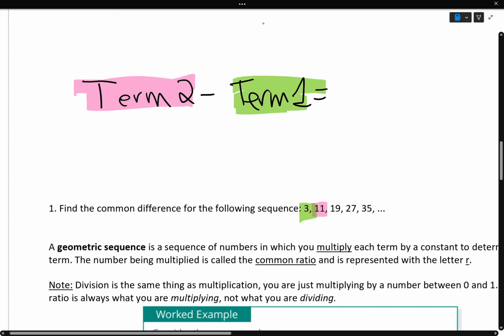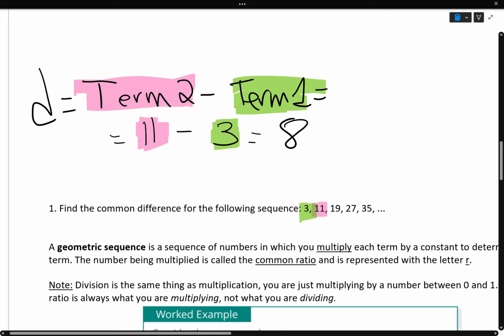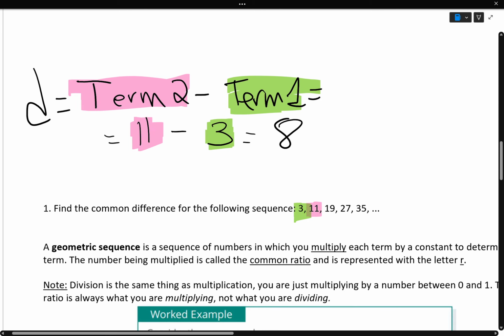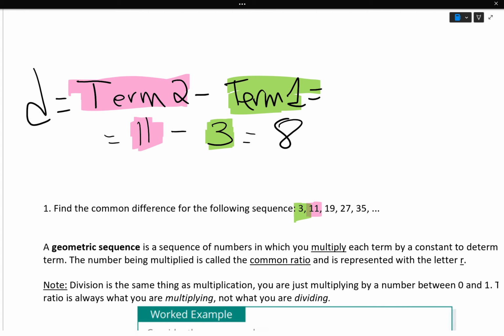So what we have is 11 minus 3, which is 8. So our common difference is 8. Oh, I forgot to do D equals. Perfect. Anytime we have an arithmetic sequence, the common difference can be found through subtraction.